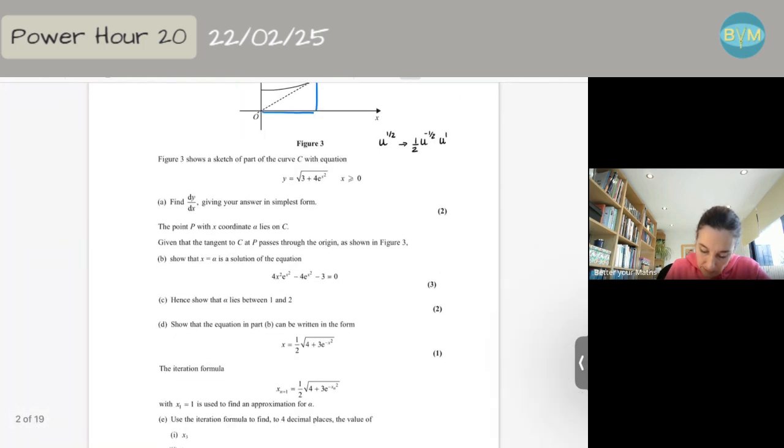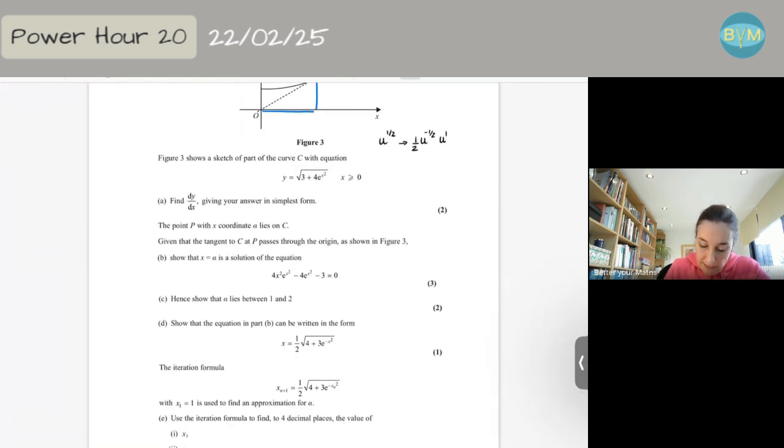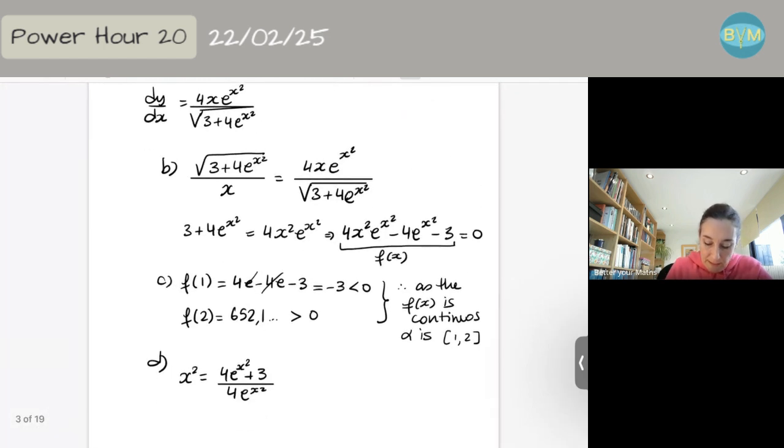How do they write it? They put this together, so they divide the fraction. When we divide the fraction, we have 4e squared over 4e squared is 1, and then plus 3/4. No, I'm going to leave the 4 outside.